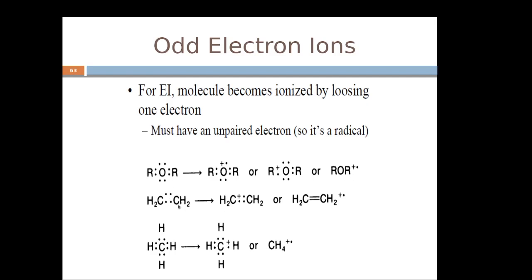In the case of ethylene, the pi electron density can be easily removed compared to the sigma electron density. So one of the pi electrons can be kicked out, forming an ethylenic radical cation. And in the case of methane, all four sigma bonds are similar, so one of the sigma bonds can lose one electron, forming a methyl radical cation.